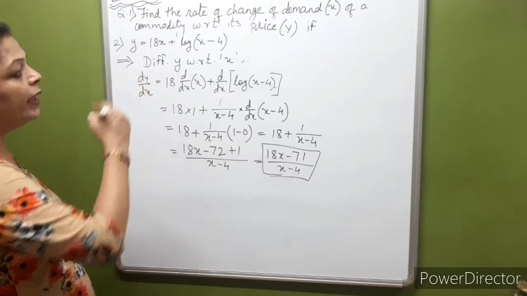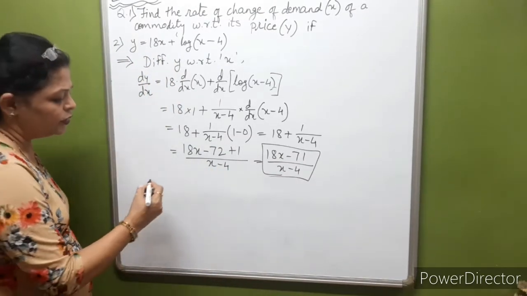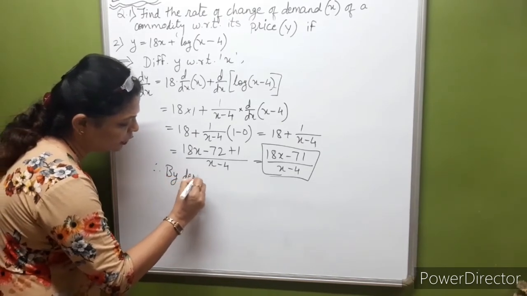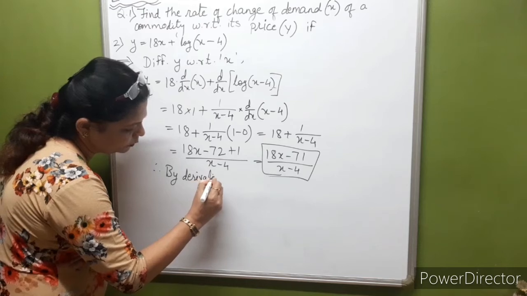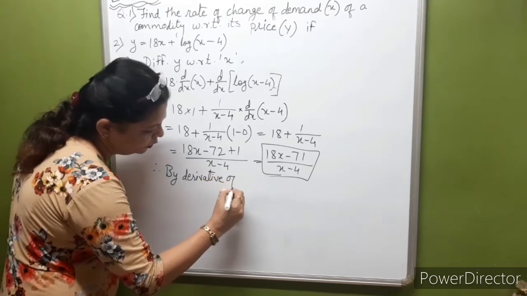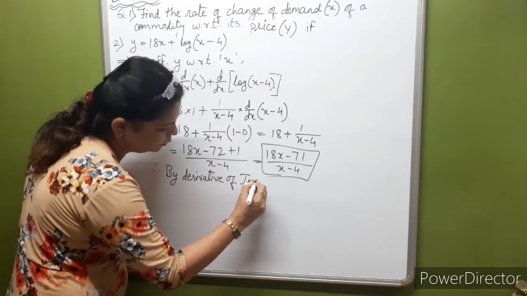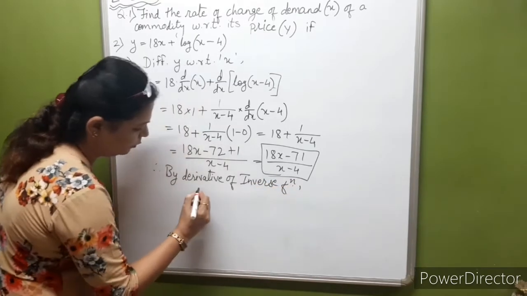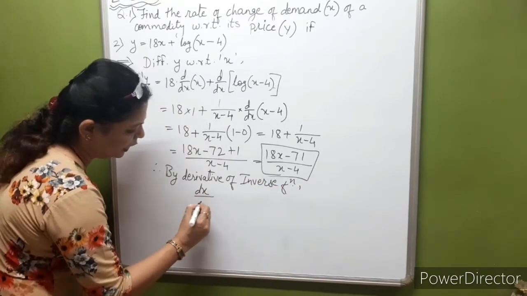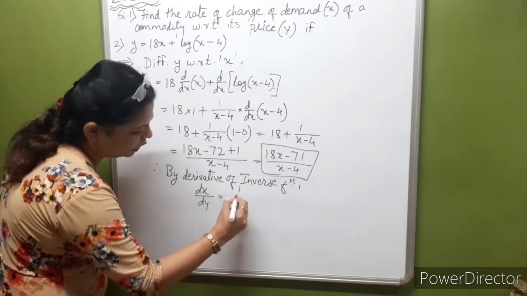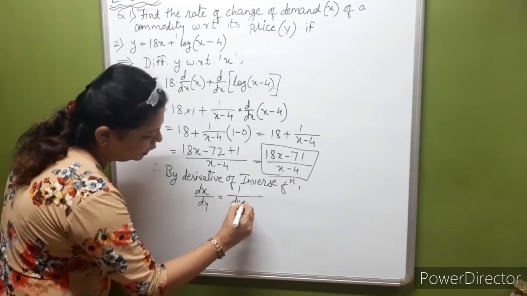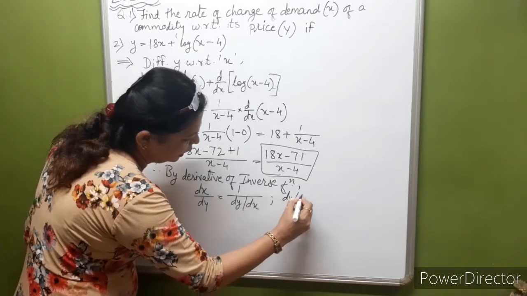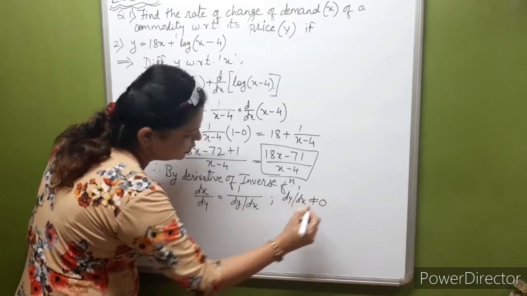But we have to find dx by dy. So write down. Therefore, by derivative of inverse function, dx by dy is equal to 1 upon dy by dx, where dy by dx is not equal to 0.